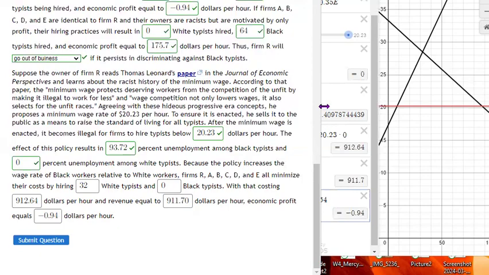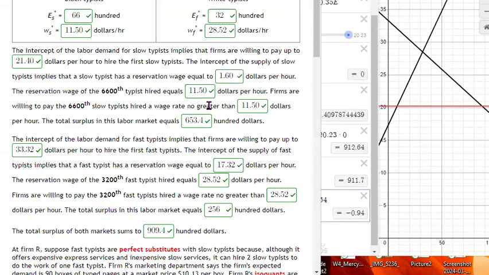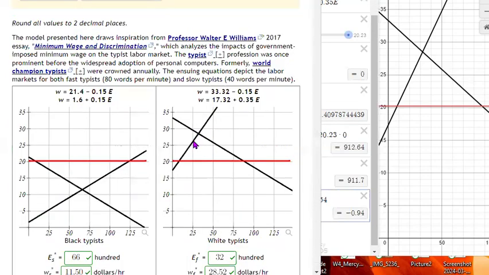So maybe instead of having a binding minimum wage in North America, they go to Mexico, where the living wage is down here below 10. It's not binding there, but it is binding in the US. So one way to lower costs is to offshore your operations to another country.